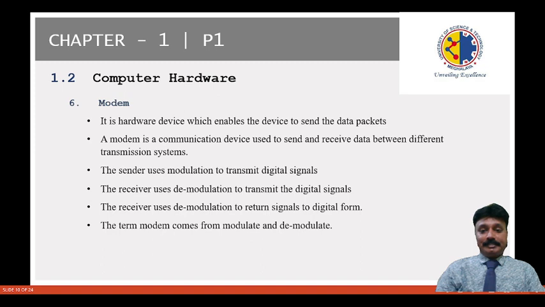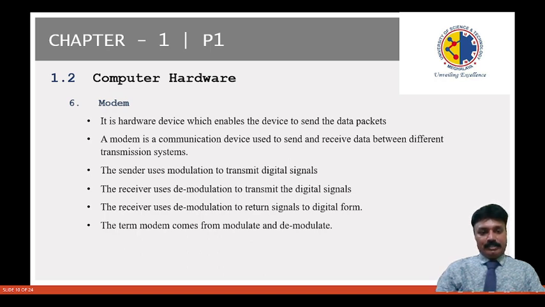The data packets are the signals or the information which can be transmitted from one device to another device. A modem is a communication device used to send and receive data between different transmission systems. Between the sender and receiver, this modem plays a major role.